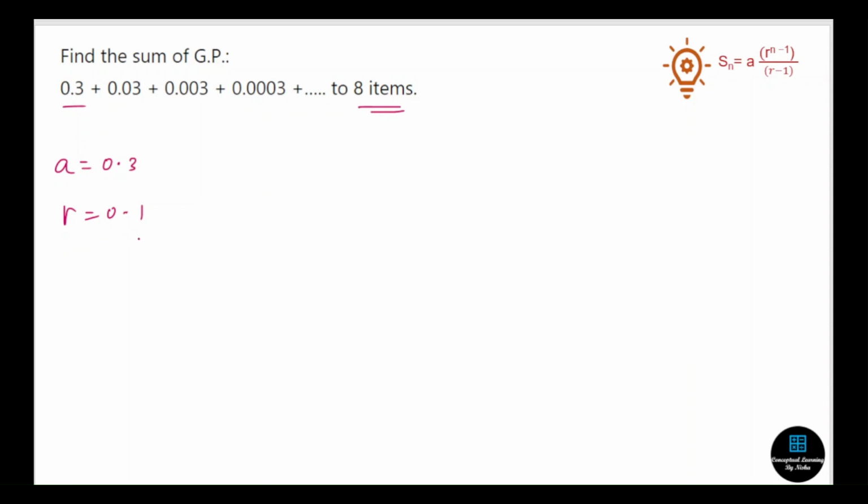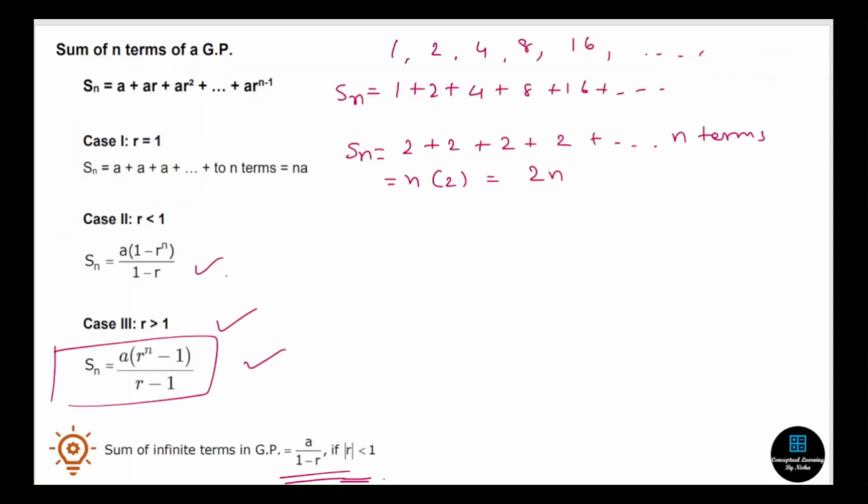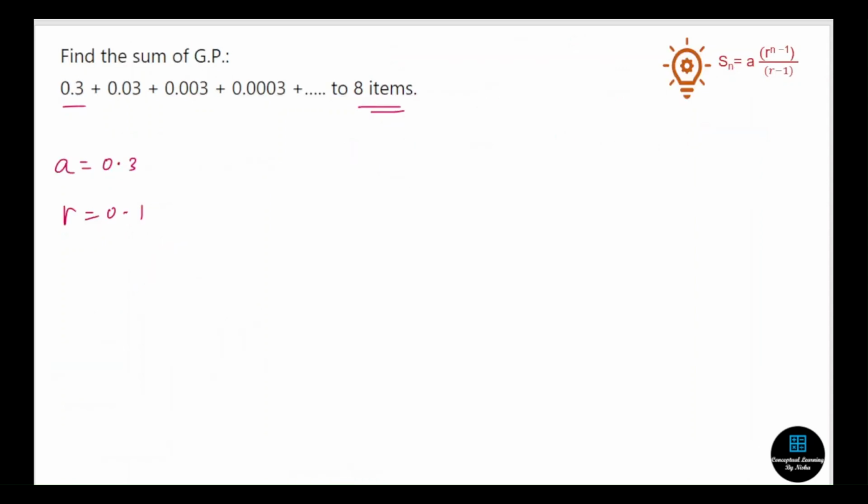Now I told you, if you don't remember the second formula, for r less than 1, which is fine. You should know only one formula, which is this formula. And I'll show you that with this formula, we'll get the same answer. So the sum of 8 terms, S8, is equal to a, which is 0.3, into 0.1 to the power 8 minus 1, upon 0.1 minus 1.